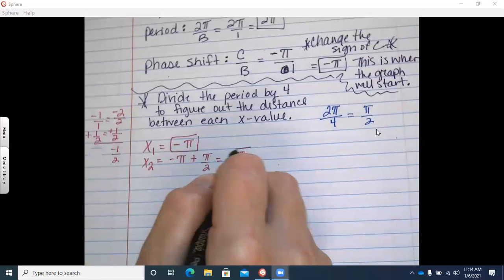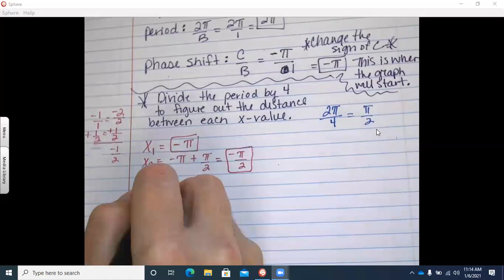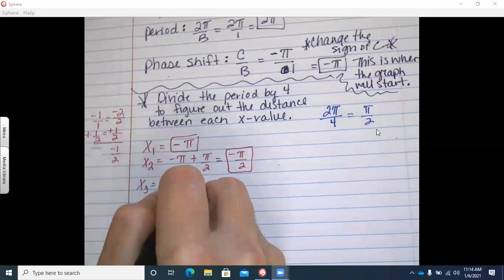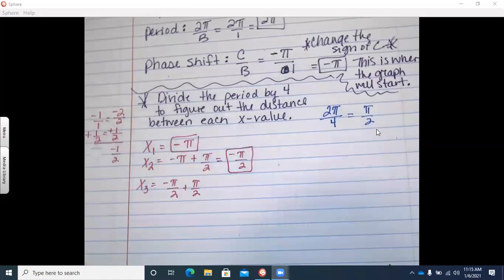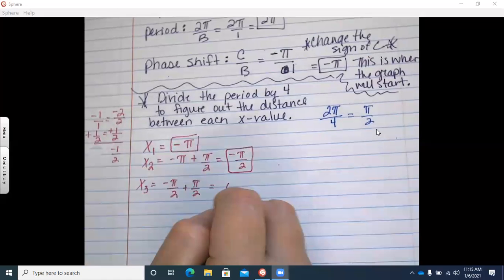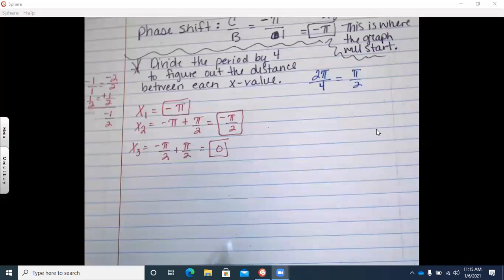Third point, I'll take my second point and add pi halves to it. Well, what's negative pi halves plus pi halves? 0, so that's my third point. Fourth point, how many points are we finding? 5.